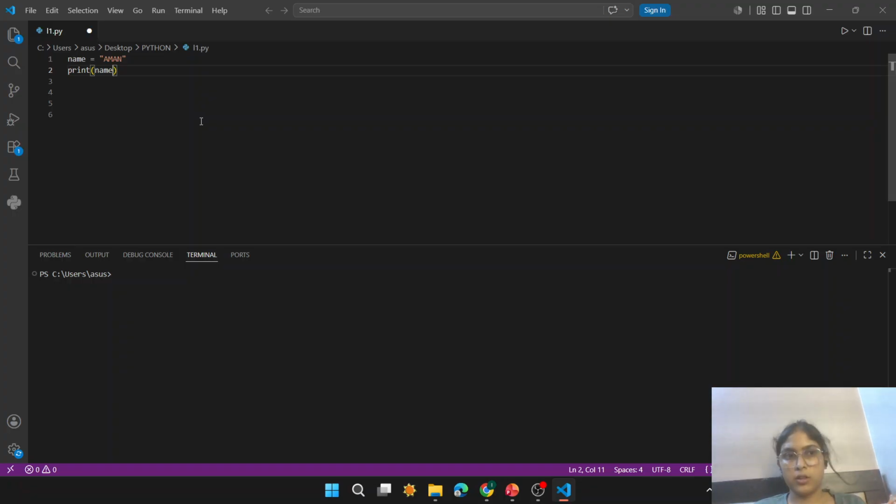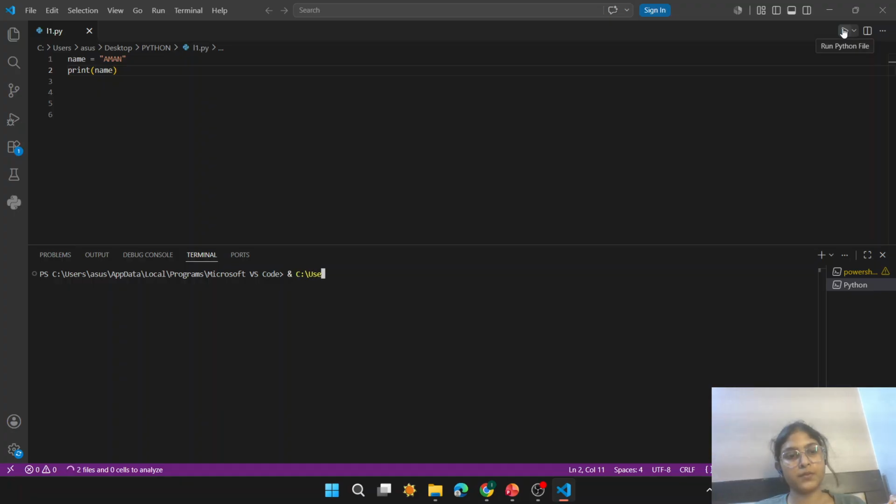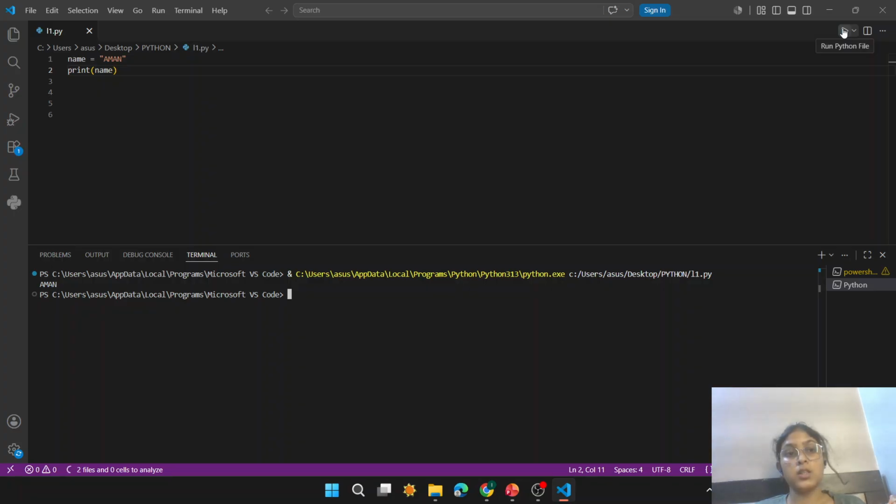I have created a variable, and let's see what happens while I'm printing it. Aman has been printed. Here, name is the variable. Aman is the value that we have stored inside the variable called name.